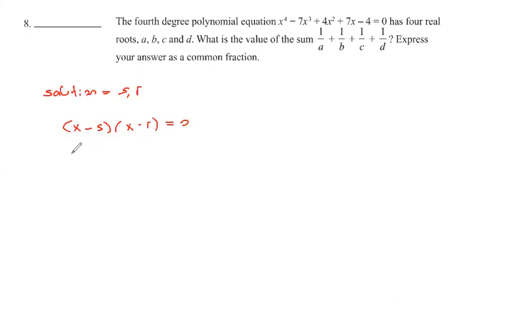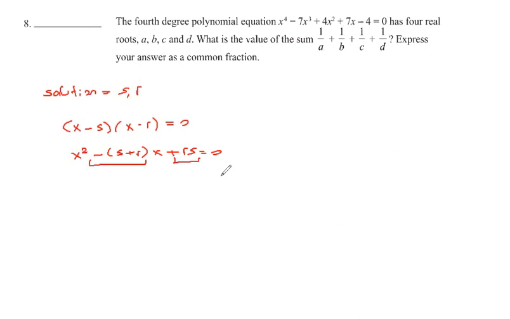If I expand this, you will get x squared minus rx minus sx, which is minus s plus r times x, plus r times s. As you see, the number in front of the x term is the negative of the sum, and this last number is the product of the solutions, basically.